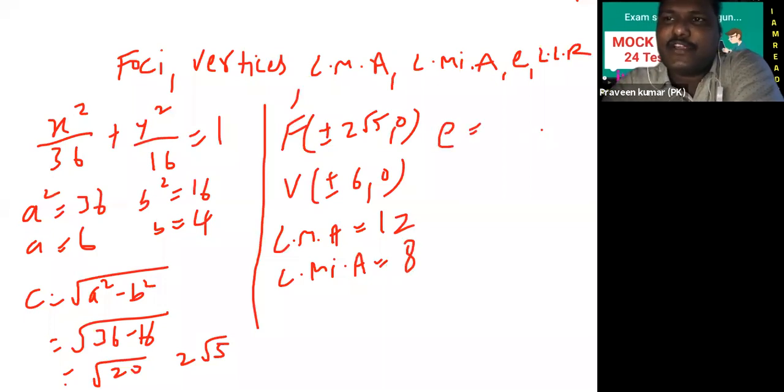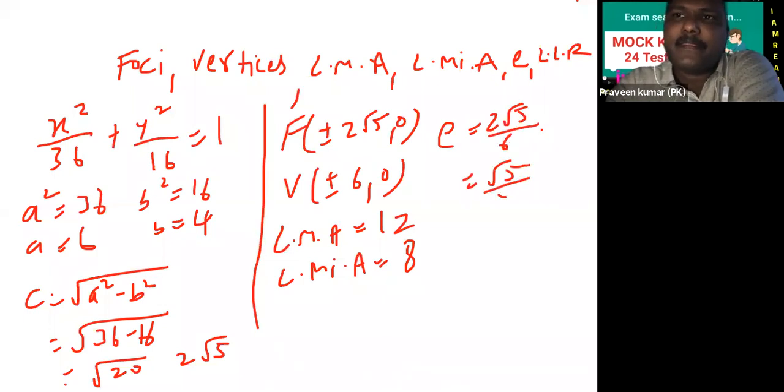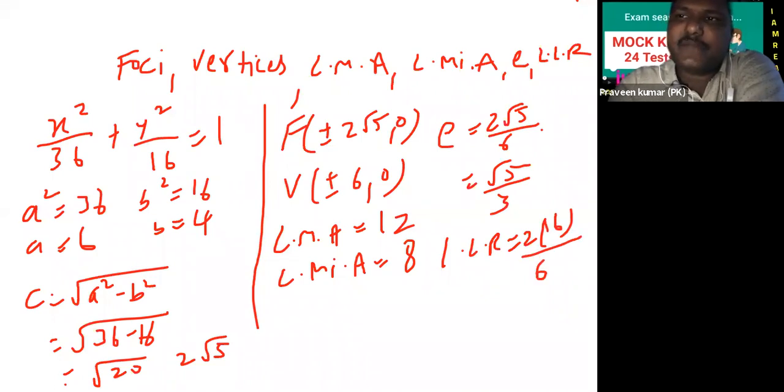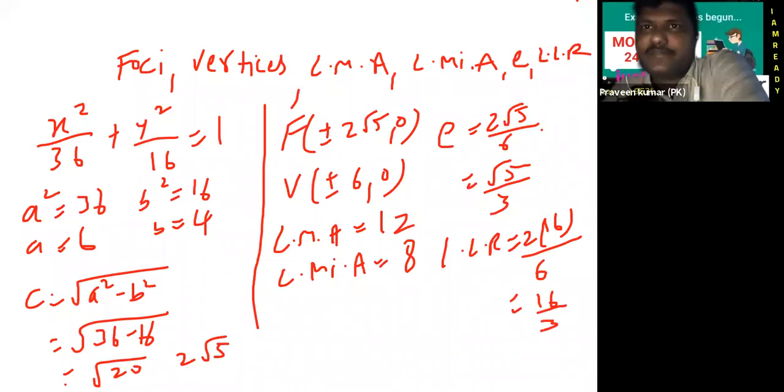Eccentricity c by a, 2 root 5 by 6, that means root 5 by 3. Next, length of latus rectum, 2b square by a. What is b square? 16 by a means 6, that means 16 by 3. I didn't get exactly all the values, dear students.